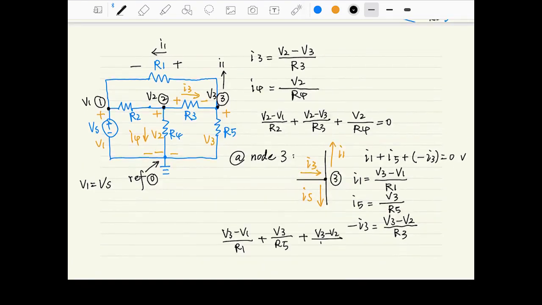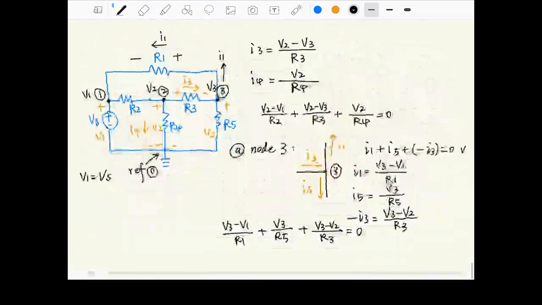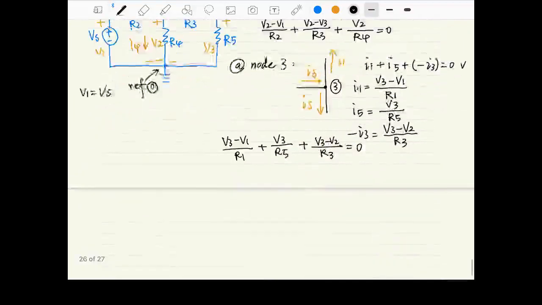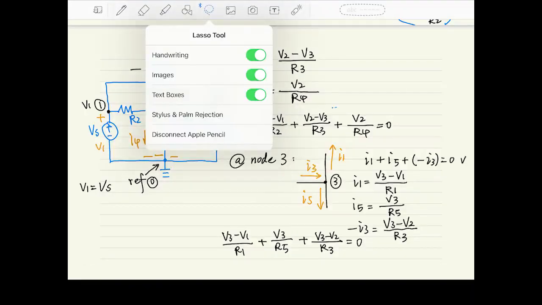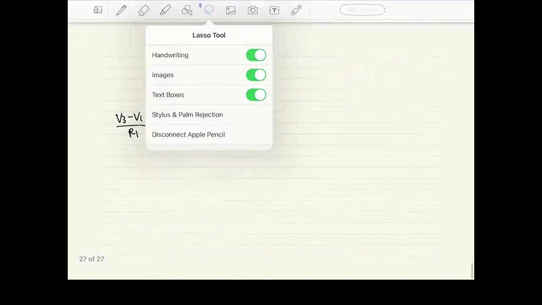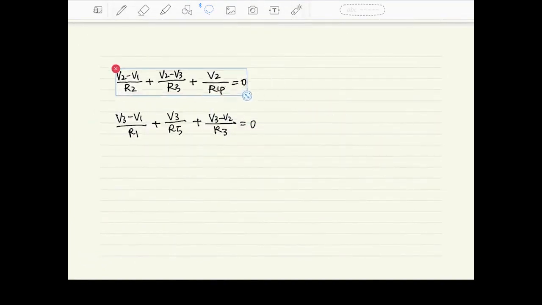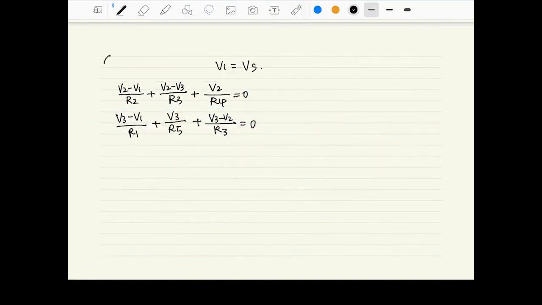Now you can see the current direction here is opposite to I3, so its value will become minus I3 now. Following KCL, we can get I1 plus I5 plus minus I3 equals 0, right? You can also make your life easier by leaving the I3 as original.